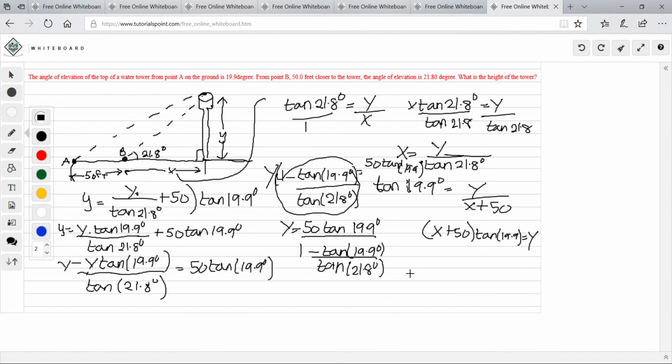And when you do all the calculations, y should be approximately 191 feet. And that's it for today.